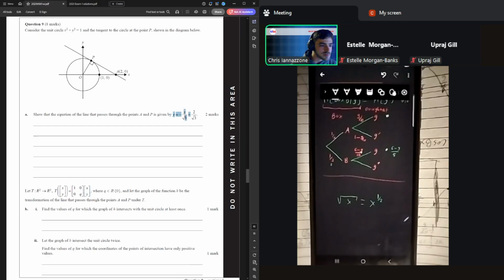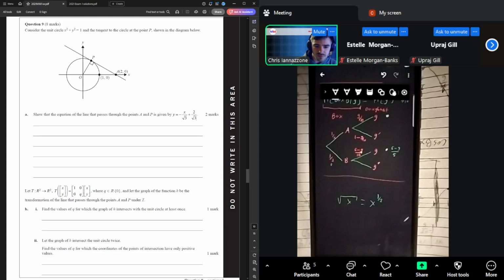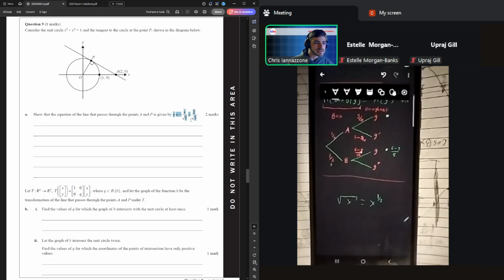However, in this case, we need to actually fully create this equation essentially from scratch. That's the typical approach for a show that. You want to try and get to this answer, not use that answer as the working out.